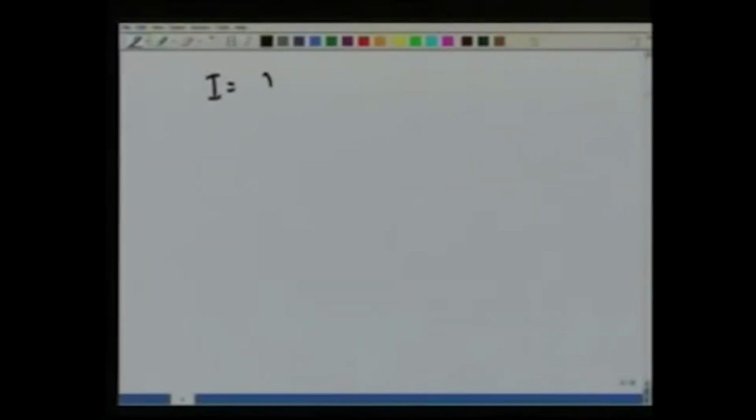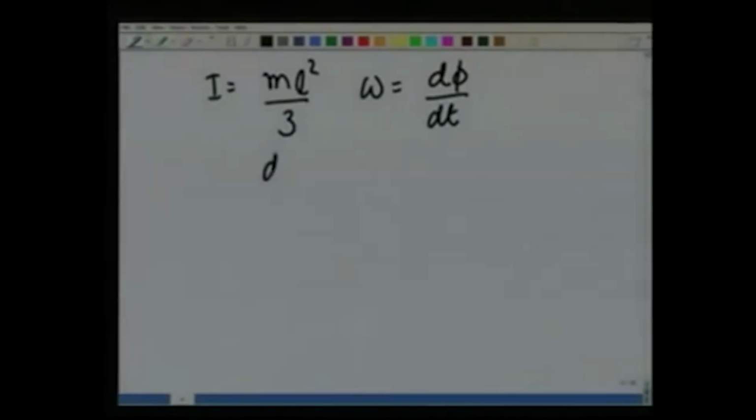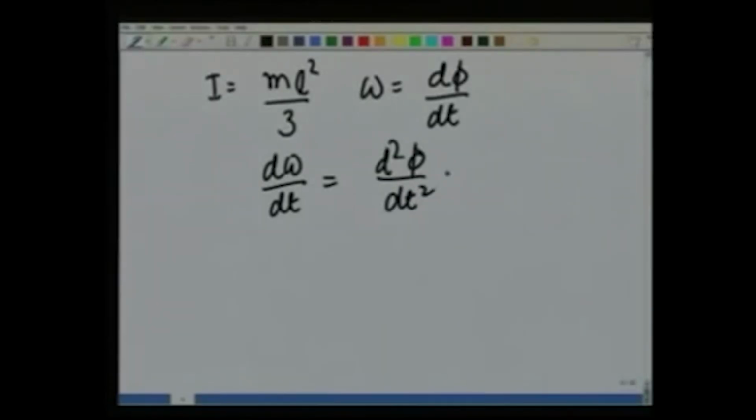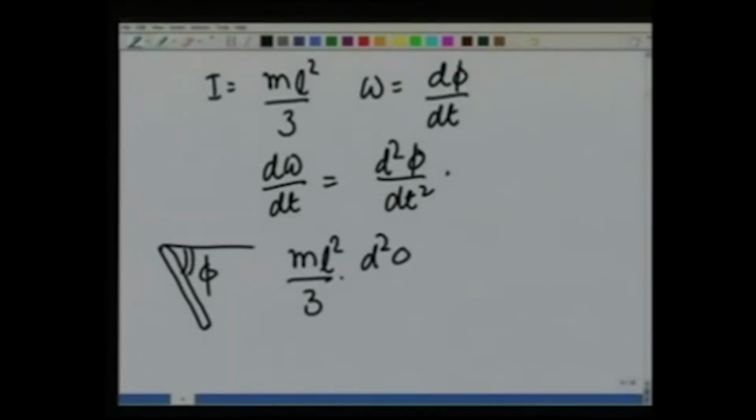As I already have mentioned, I is m L square over 3, omega is d phi over dt, and therefore, d omega over dt is d2 phi over dt square, and therefore, the equation when the rod is at an angle phi from the horizontal is going to be m L square over 3 d2 phi over dt square, which is I alpha or I times the angular acceleration, is equal to m g L over 2 cosine of phi.